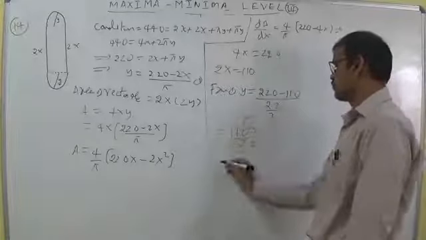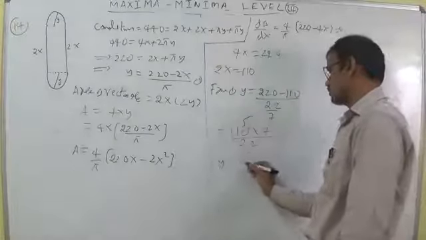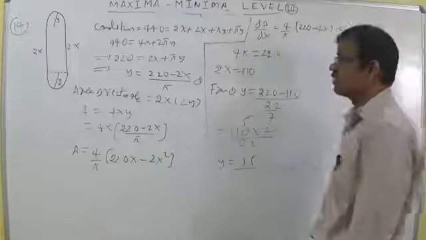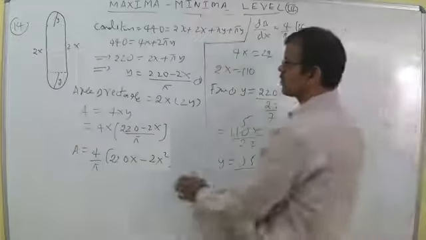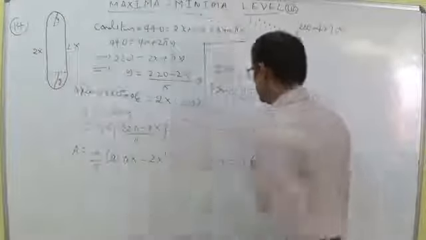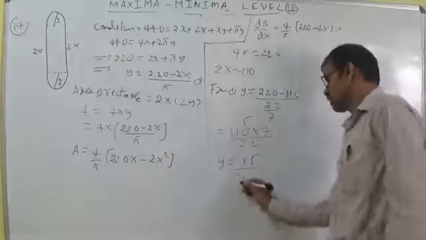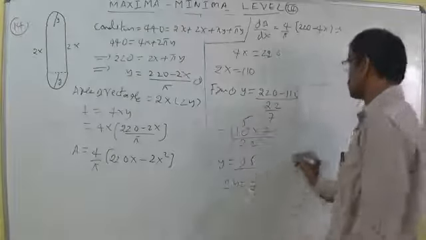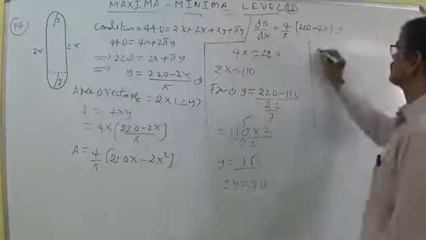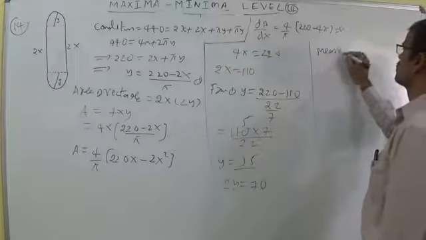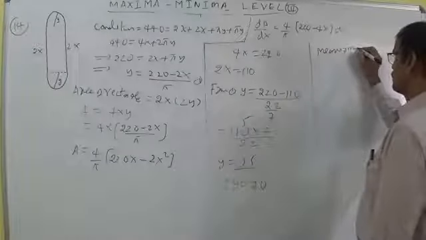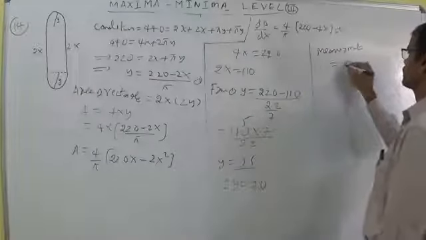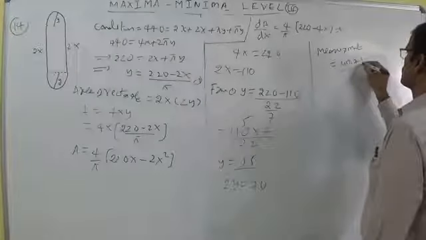This is 5, so y is equal to 35. We need 2y, because the breadth is 2y, so 2y is equal to 70. So the measurements of the rectangle are 110 and 70.